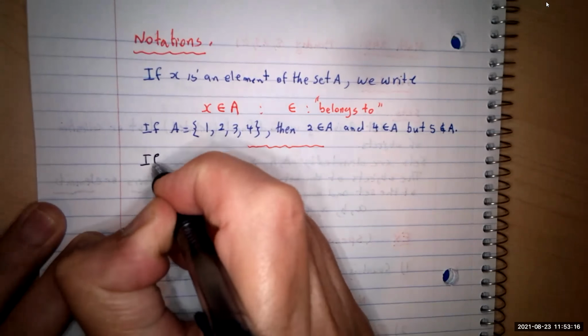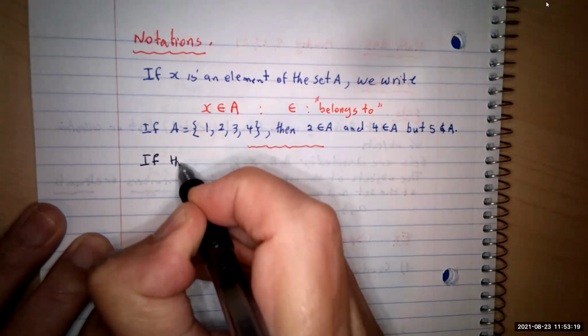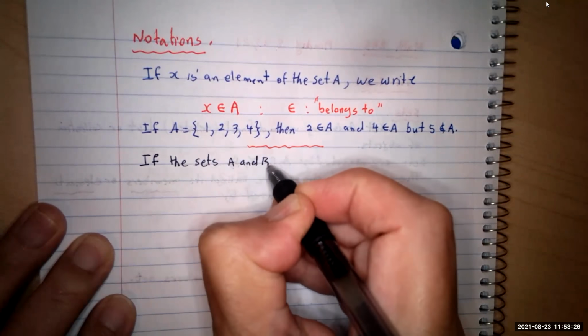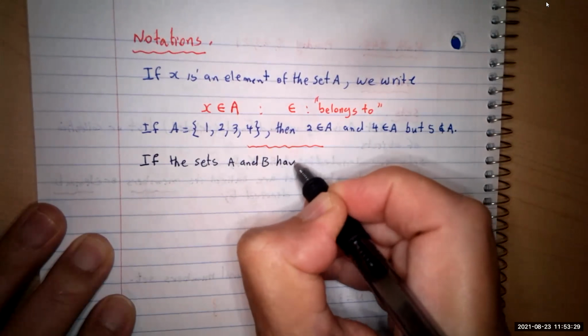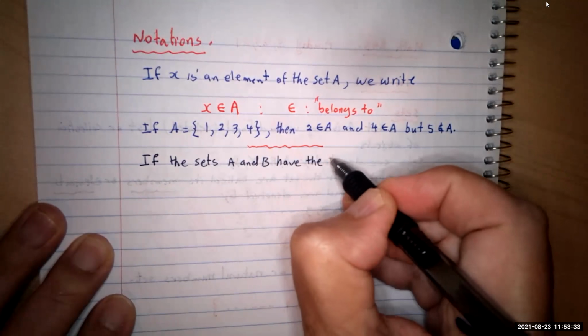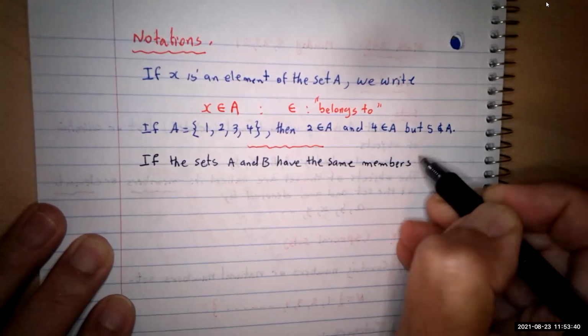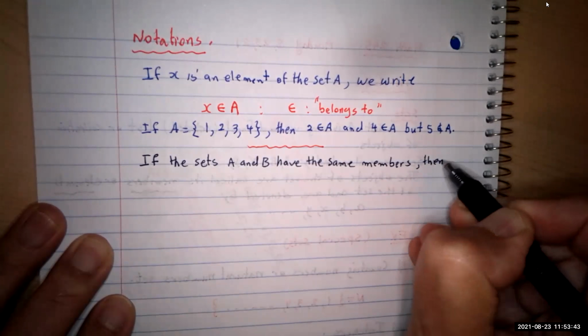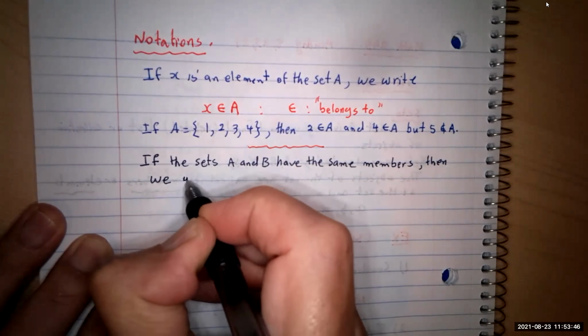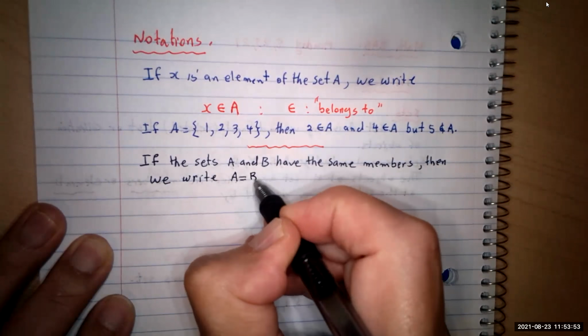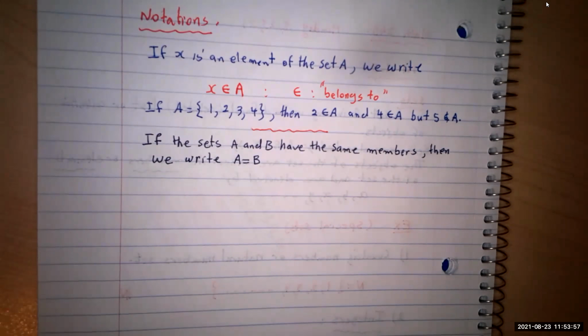If the sets A and B have exactly the same members, then we write A is equal to B. When we write the members of a set, there is no repetition and no order.